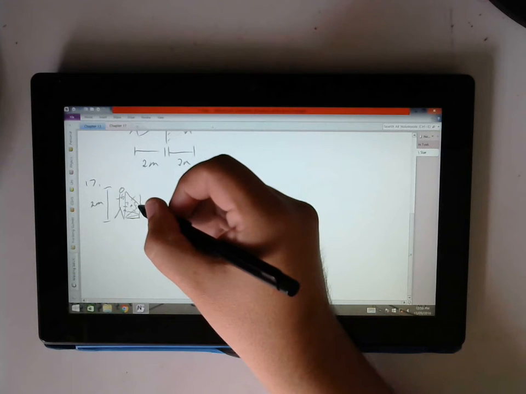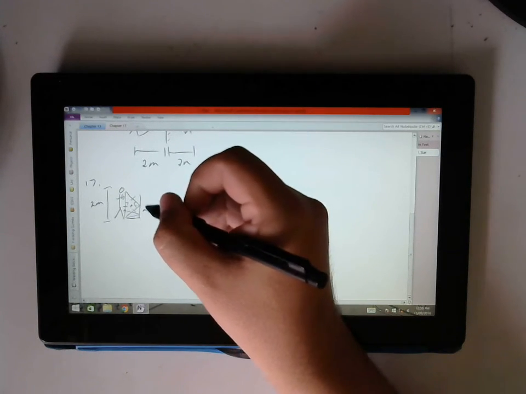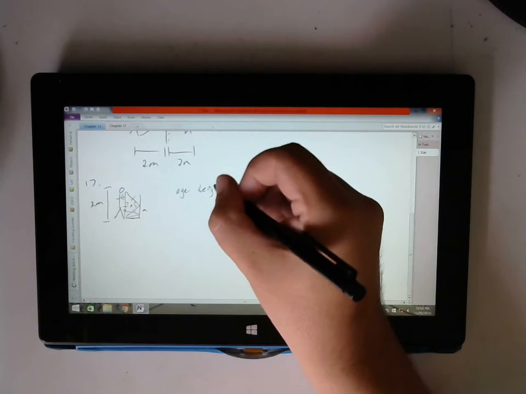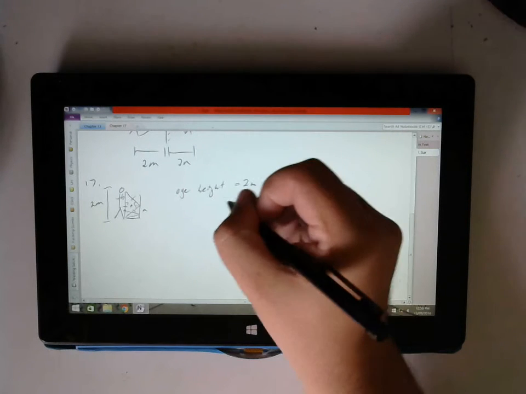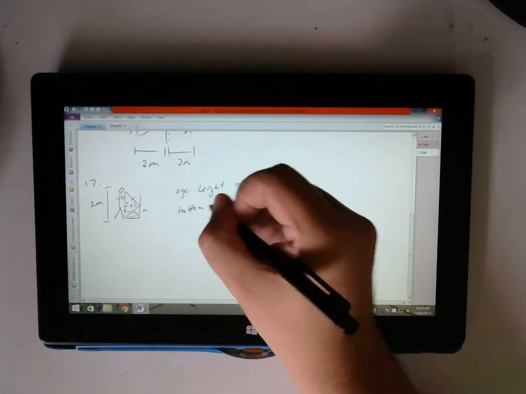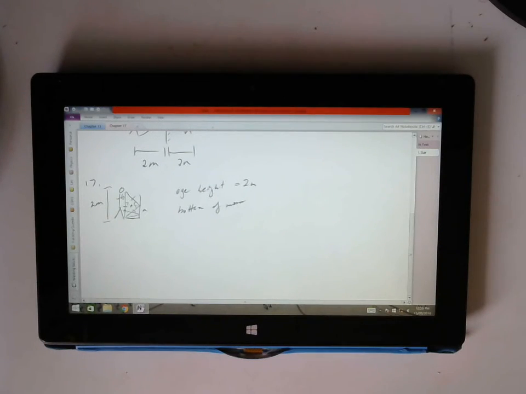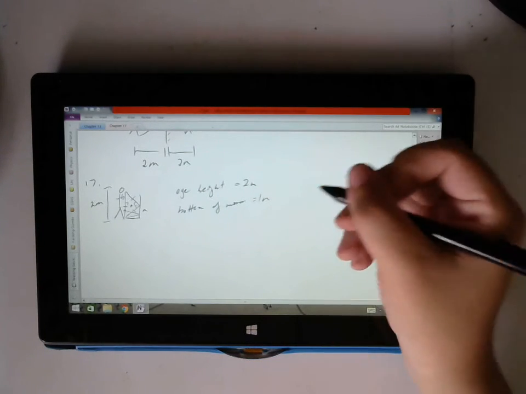That's how high the mirror has to be up from the ground itself. So let's say that eye height equals 2 meters, then the bottom of the mirror must equal 1 meter from the ground.